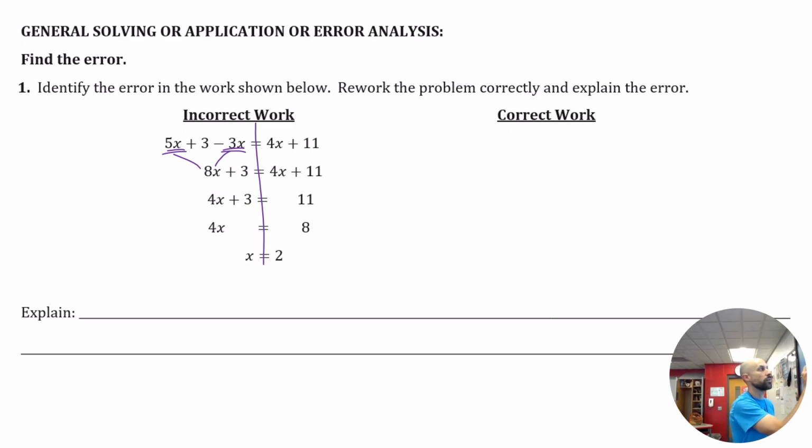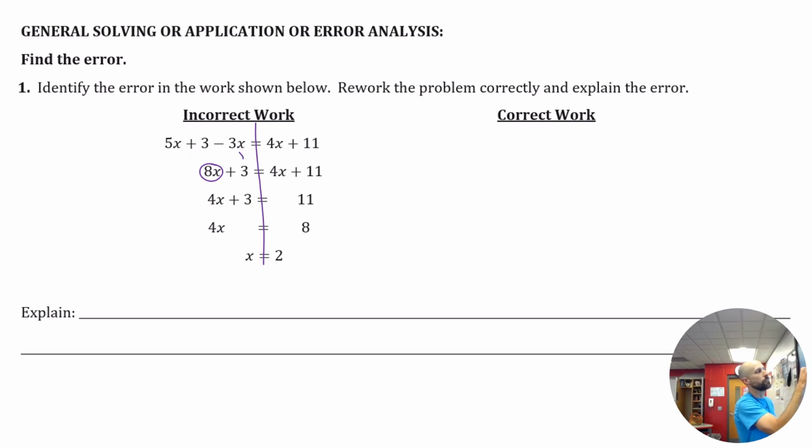Okay, so right there, right? 5 minus 3 is not 8. Okay, so it looks like they added 3x to cancel it out, but we don't need to do that because those are on the same side of the equal sign.